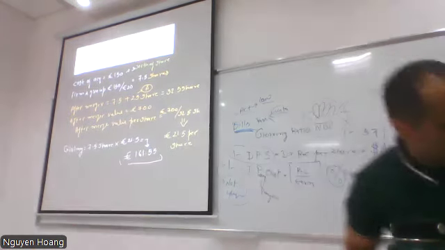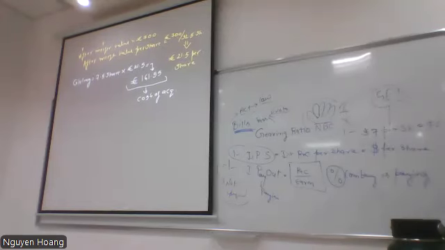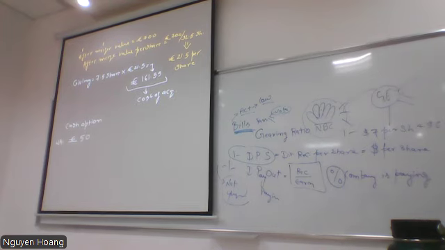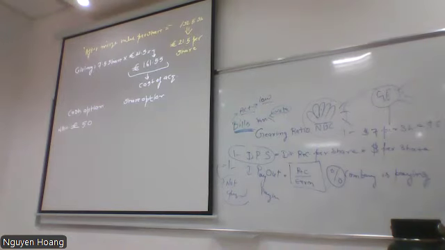The conclusion is: cash option, NPV 50, and share option, 38.5.